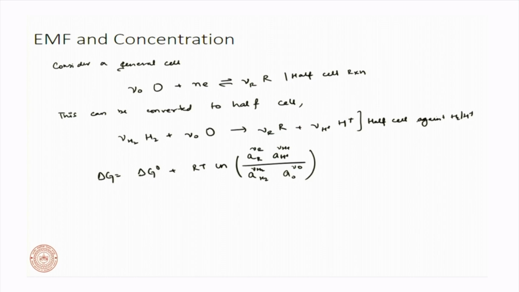It is a ratio of concentrations. In this case, it is the concentration ratio multiplied by a factor. That is what we will write. This is called the activity, where A is the activity.